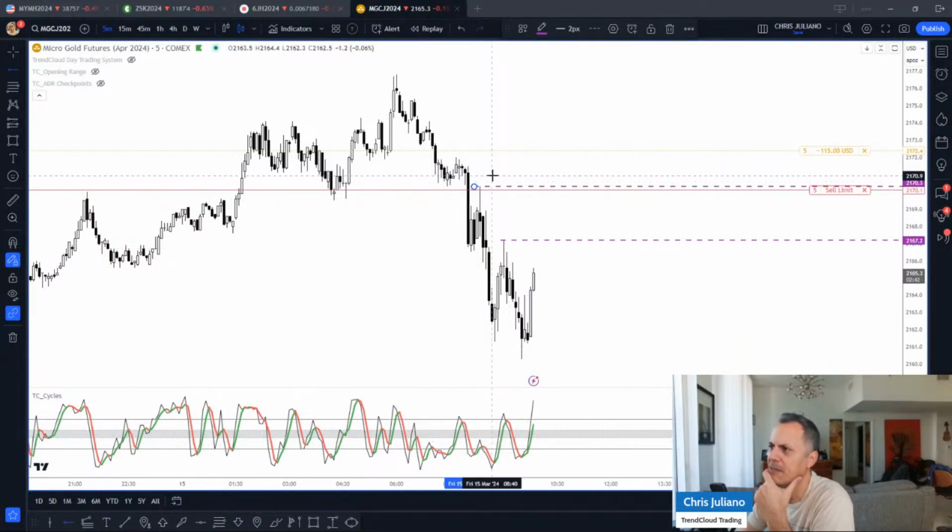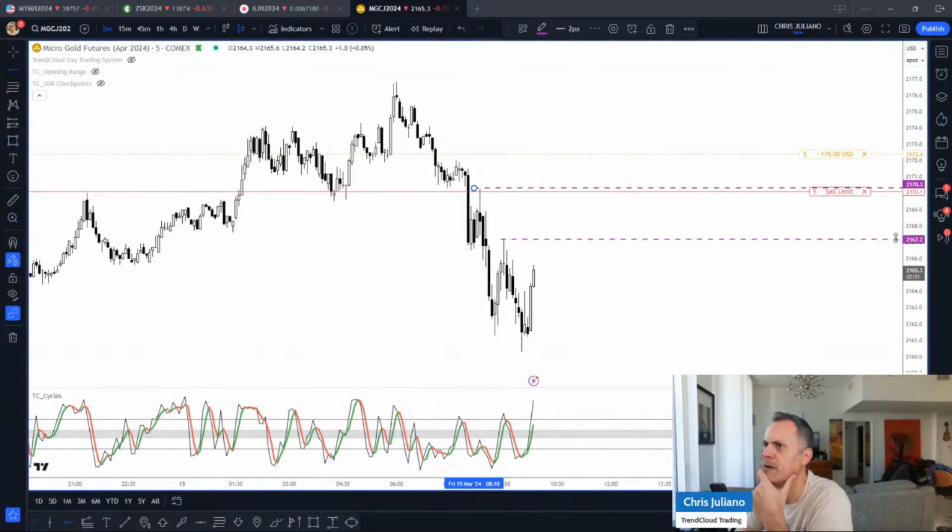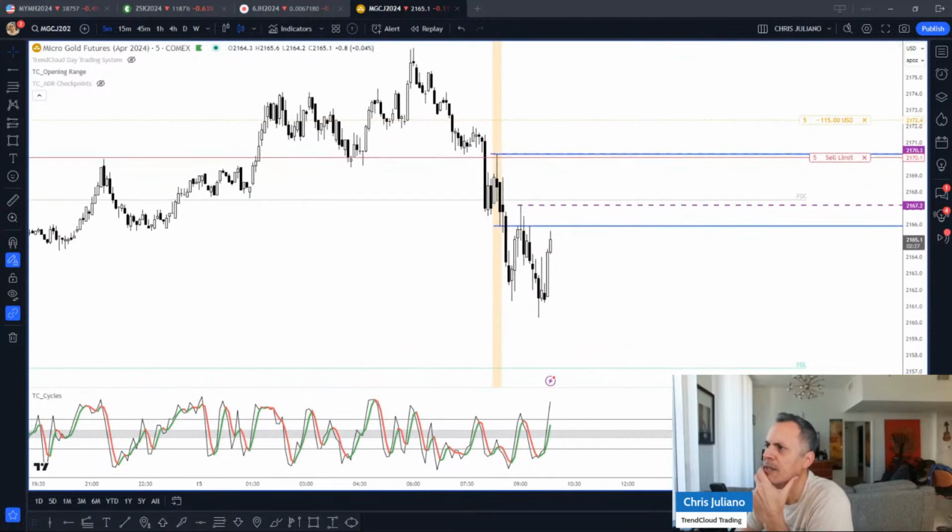And that might push us past this. Now let's put the opening range on there. And it would be above the opening range. So we're breaking a lot of structure. I believe they call that a come around trade at Online Trading Academy, if you went through OTA.